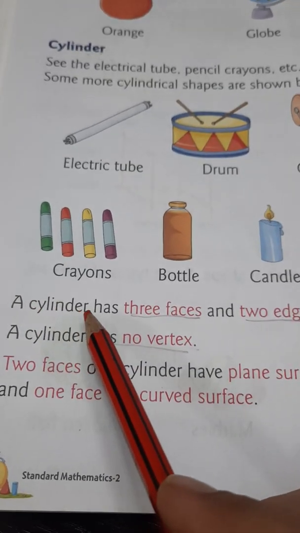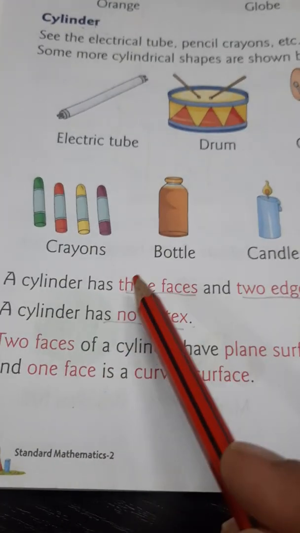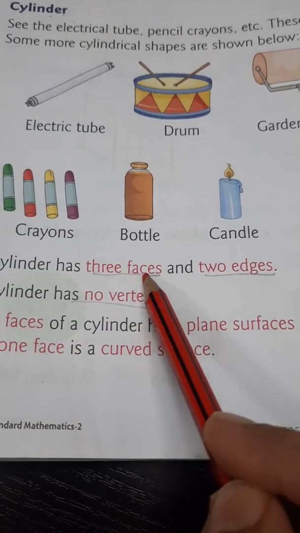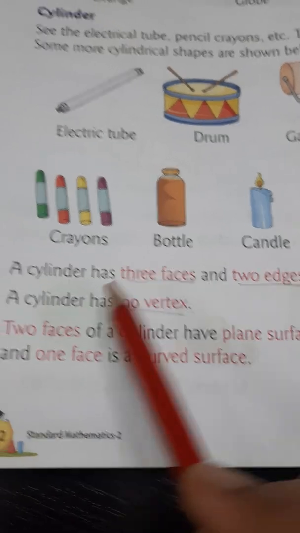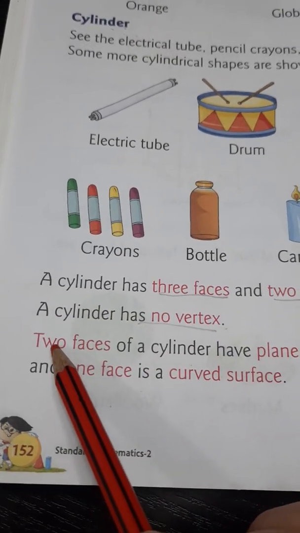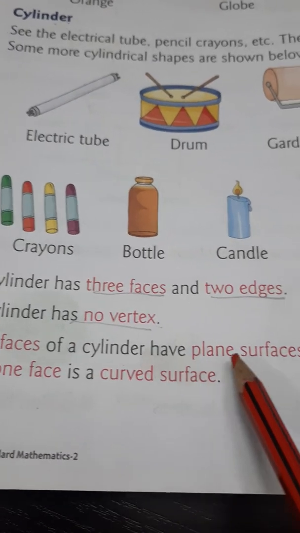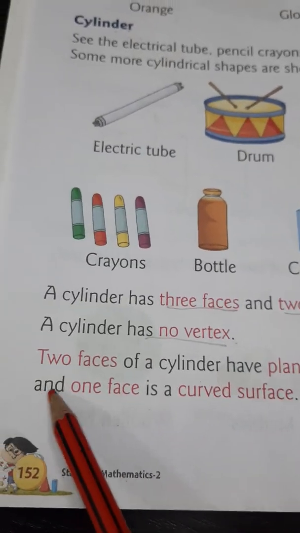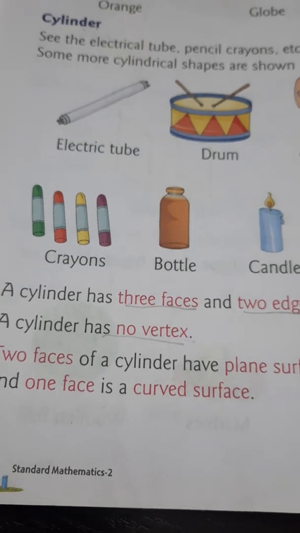We will read the properties of cylinder. A cylinder has 3 faces, 2 edges. A cylinder has no vertex. 2 faces of a cylinder have plane surfaces and one face is a curved surface.